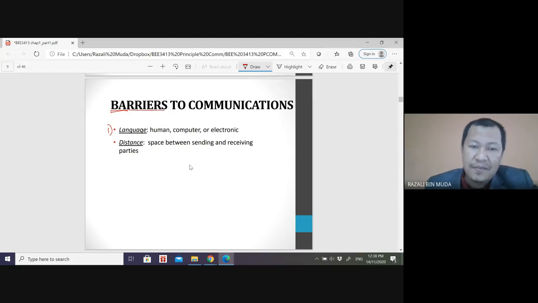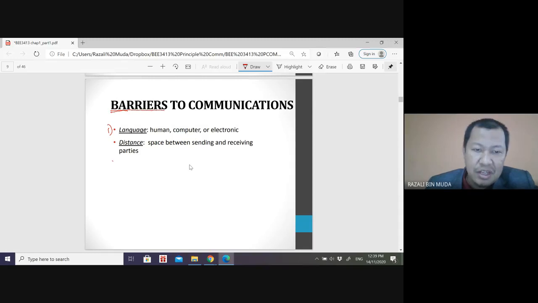The second one is distance. Distance plays an important part in communications. The distance is the space between the transmitter and receiver, the sending and receiving parts. If the distance is big, then the communication is quite challenging.